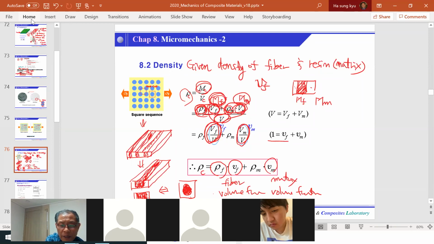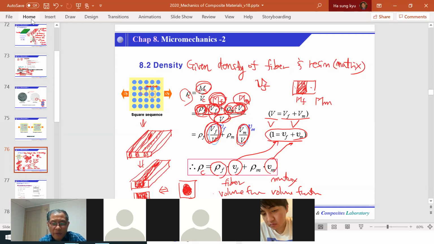And usually V_F and V_M, the summation of each volume fraction, will be 1, because the summation of each volume will be the total volume, and divided by V will be like that.